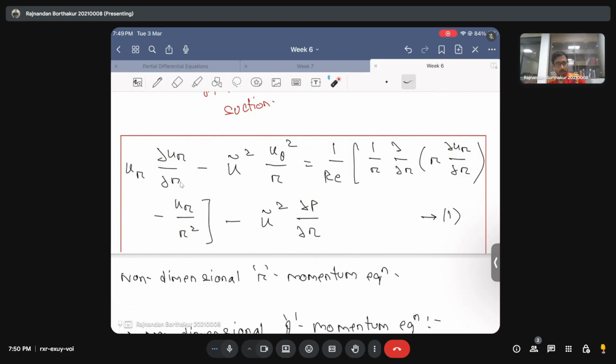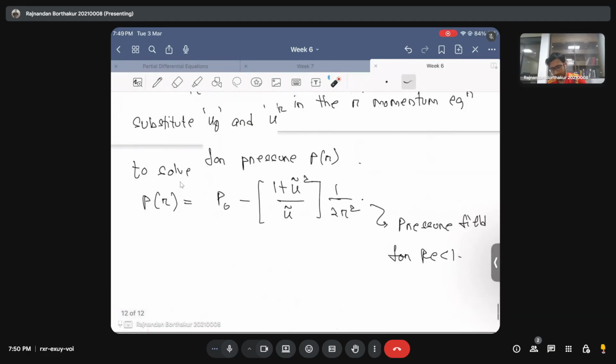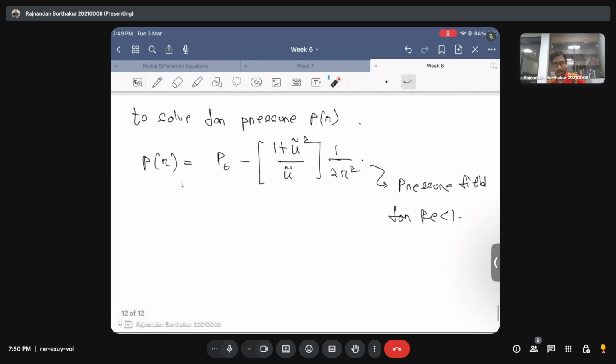The constant of integration can be obtained from that boundary condition, and then you can derive this explicit expression for pressure, which takes the following form. I'm not doing this because it is just substituting values and integrating, and I believe you are well capable of doing this on your own.